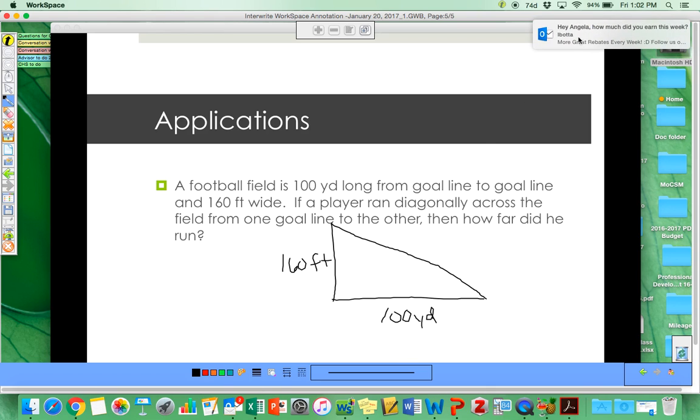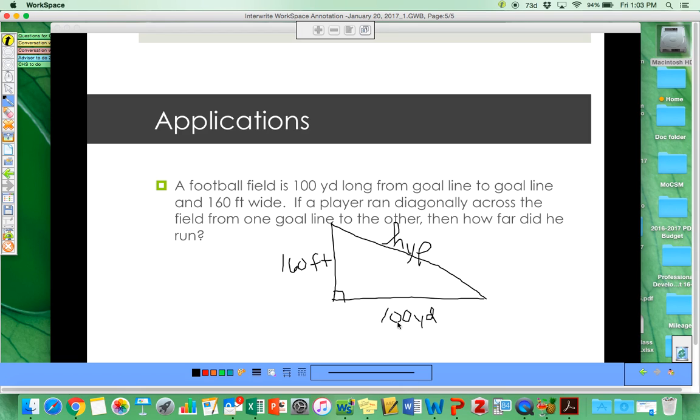So we know that the width of your field and the length of your field make a 90-degree angle. If you're looking for the diagonal, then that's really your hypotenuse of a right triangle. I'm hoping that you do draw pictures, because as I was drawing this, when I read it, I didn't really pay that much attention, but as I drew it and I put yards here and feet there, that helped me realize, oh, I've got an issue.